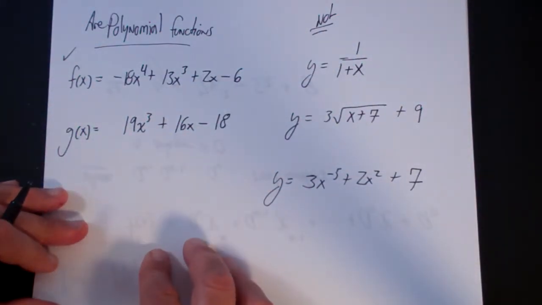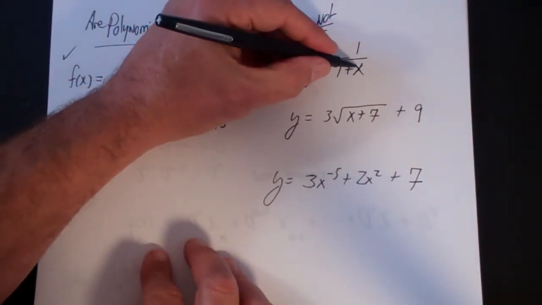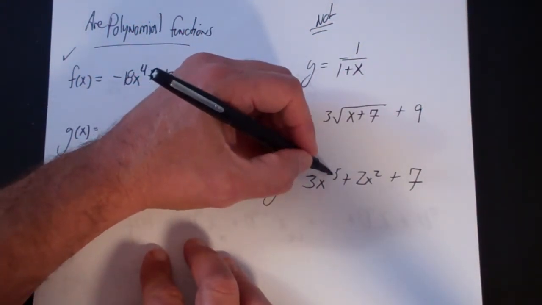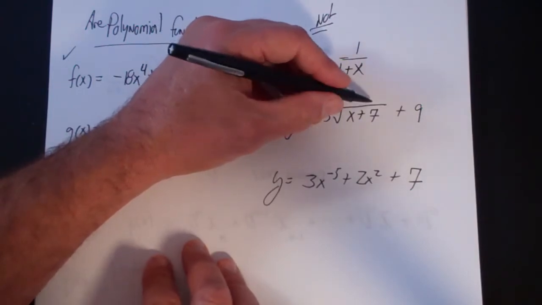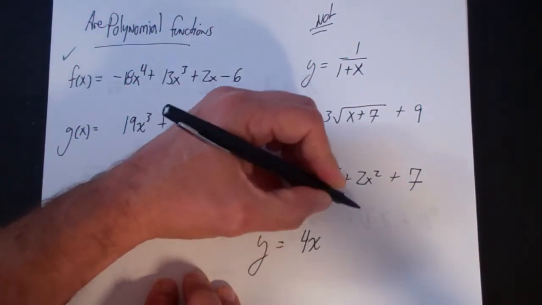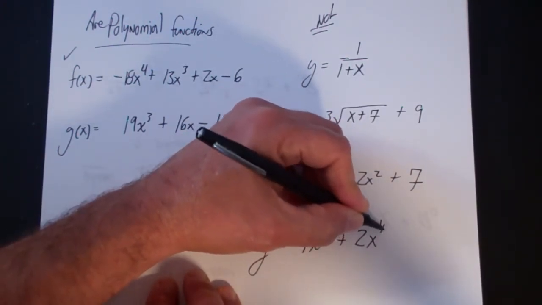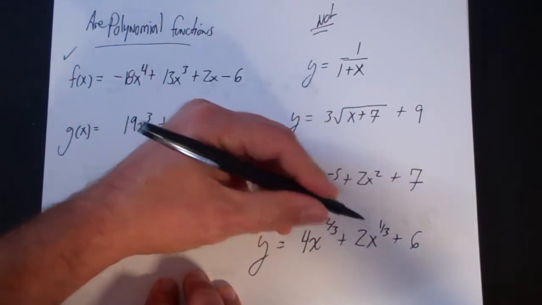So what can disqualify something from being a polynomial function? Well, it could have an x in the denominator, it could have an x which has a negative power, it could have an x which is underneath the square root, or it could have an x which has an exponent which is a fraction.